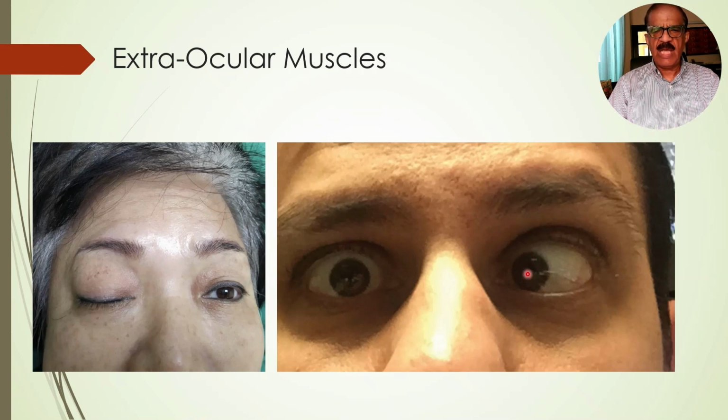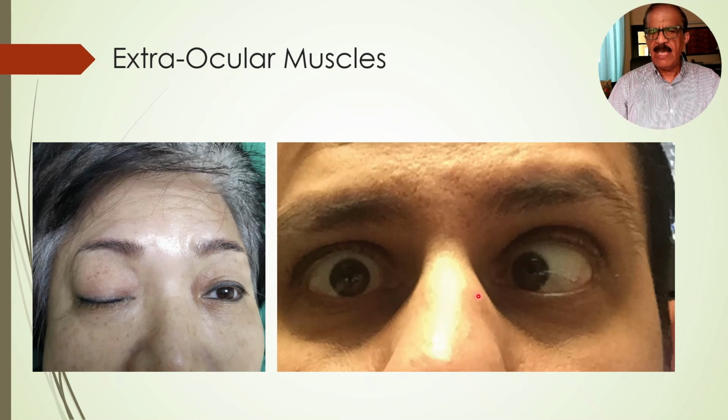And this eyeball, this cornea should be somewhere here in the center. I normally give the example of the front wheels of a car. The front wheels of the car are controlled by the steering wheel and they move in whichever direction, right or left, proportionately, so that both wheels are kept aligned all the time.